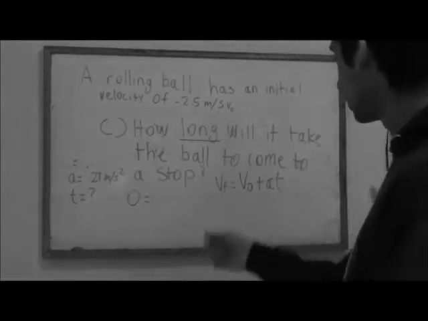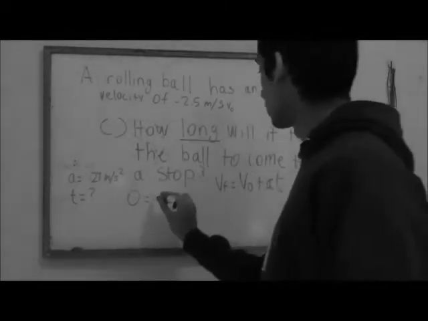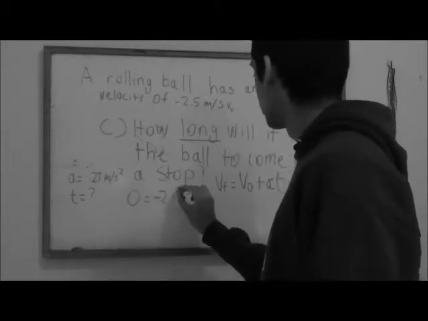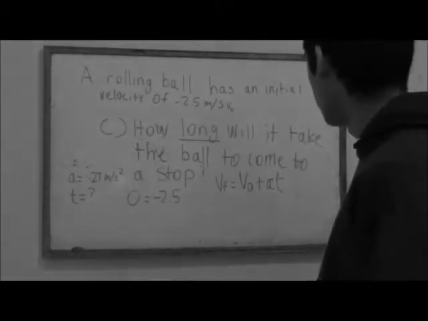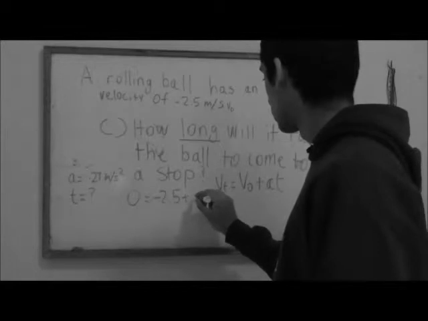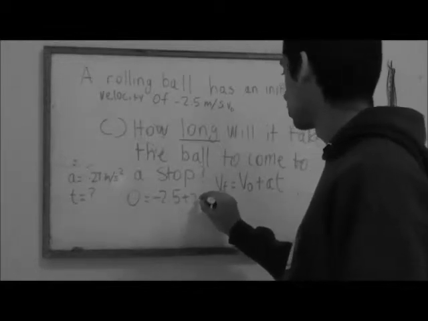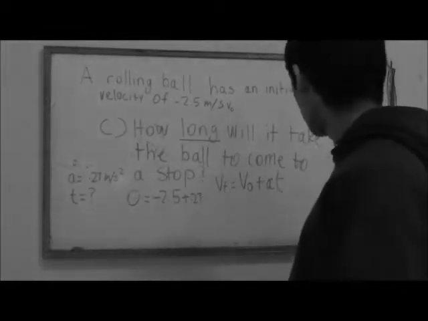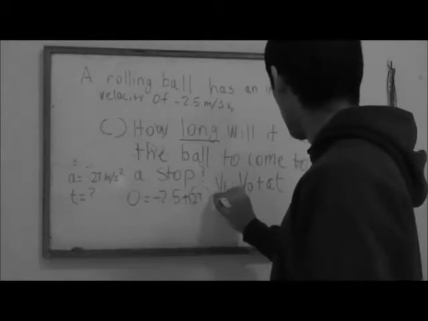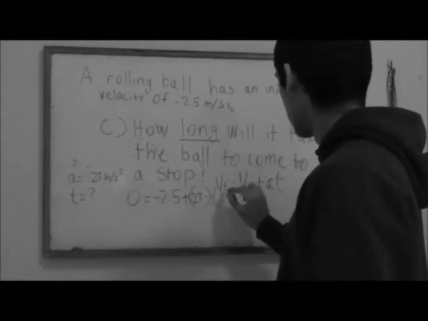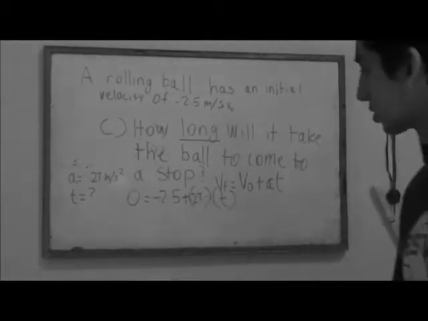So 0 equals VO, which is negative 2.5, plus 0.27 times t.